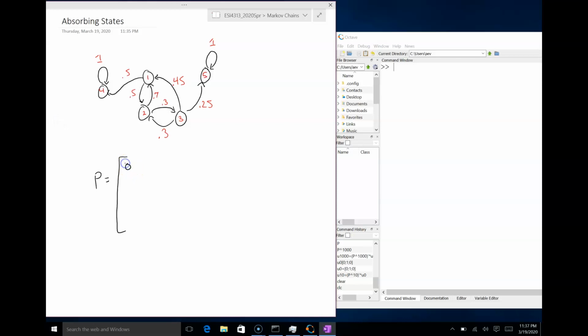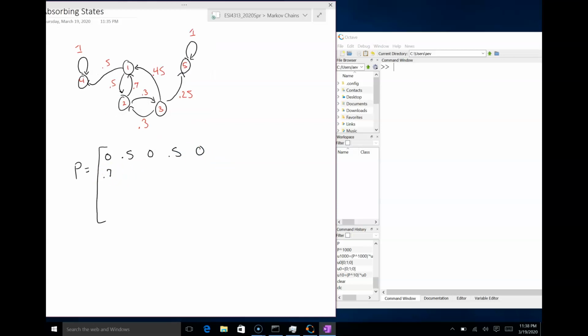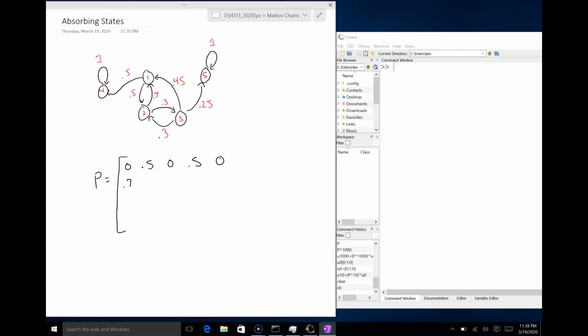State 1 does not go to itself, but it does go to state 2. It does not go to state 3, but it does go to state 4. So we get 0, 0.5, 0, 0.5. For state 2, it goes to state 1 with probability 0.7, 0 to itself, 0.3 to 3, and that should be it.